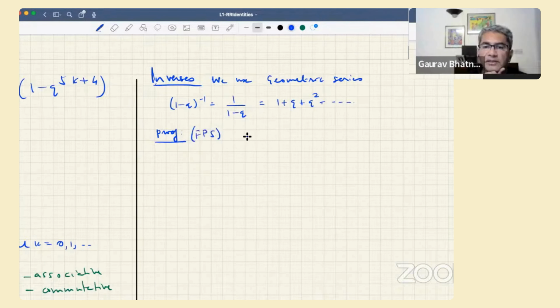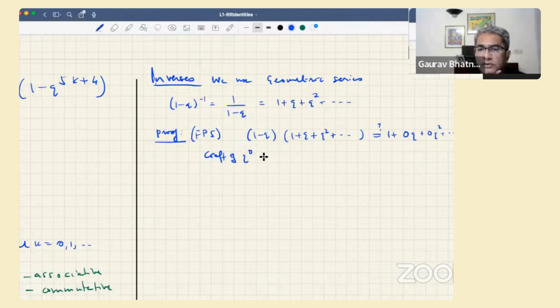If you multiply these two, do you get 1 plus 0q plus 0q squared and so on? On the left hand side, what is the coefficient of q to the 0, the constant term? It's 1 times 1, which is equal to 1. So this matches.